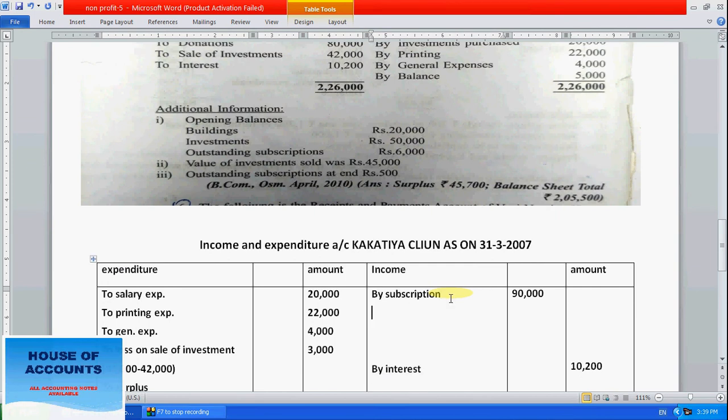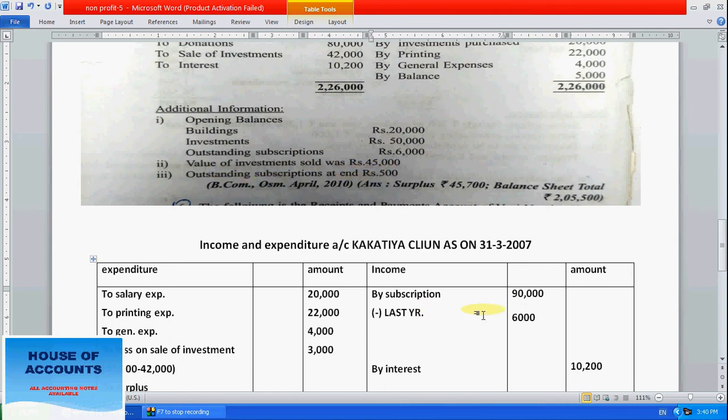Take minus last year's subscription, 6,000.